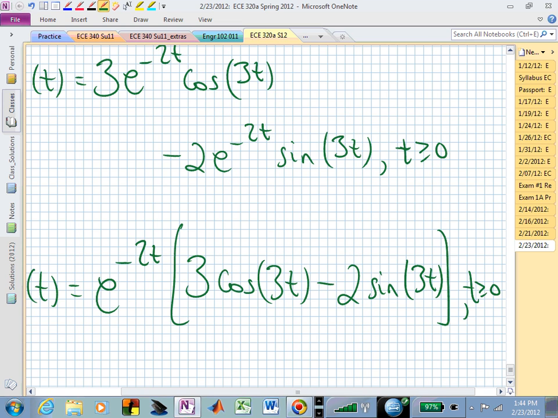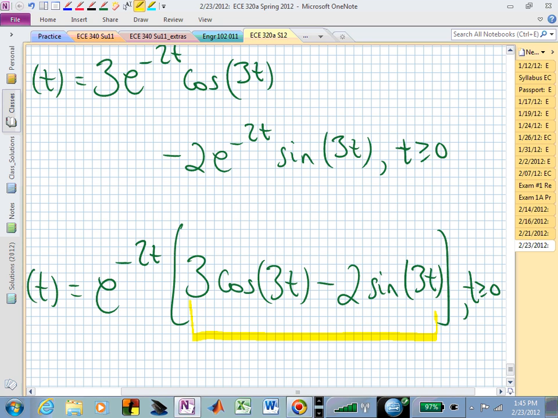And what we want to do is combine these two pieces, the sine and cosine piece. They're of the same frequency, so we can actually combine those into one waveform with a shift. And then that's easier to think about.